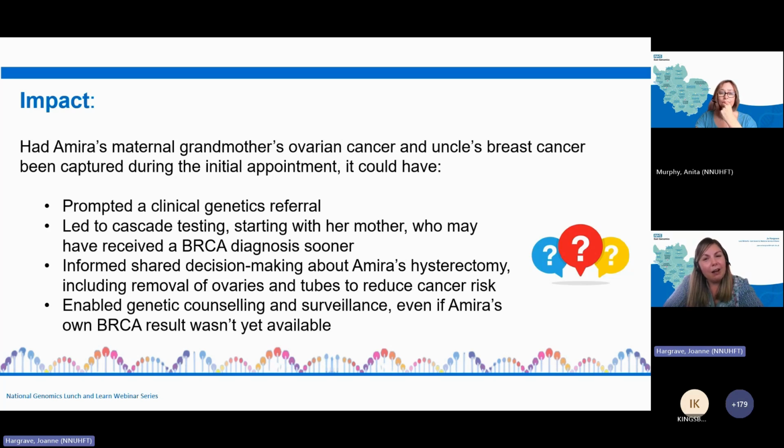So actually asking a little bit more, and had that family history been identified, potentially it could have prompted a clinical genetics referral, led to cascade testing, starting with her mother, who may have received that BRCA diagnosis sooner. Informed shared decision making around that hysterectomy, including the removal of ovaries and tubes to reduce that cancer risk for Amira. And then enabling genetic counselling and surveillance, even if Amira's own BRCA result wasn't yet available.